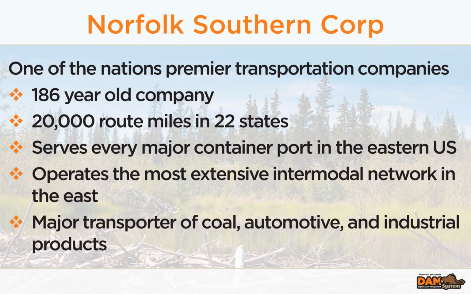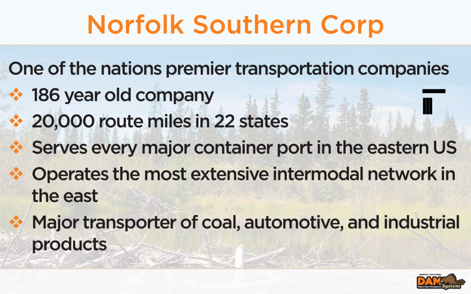I kind of just wanted to give a little overview of what Norfolk Southern Corporation is. We're a Class 1 railroad company. We've been in business 186 years. We operate in 22 states and have over 20,000 rails laid down in 22 states, 11 division headquarters separated throughout as well.